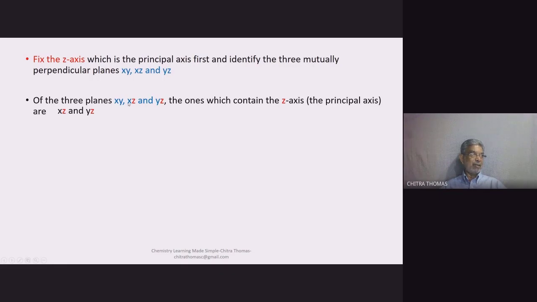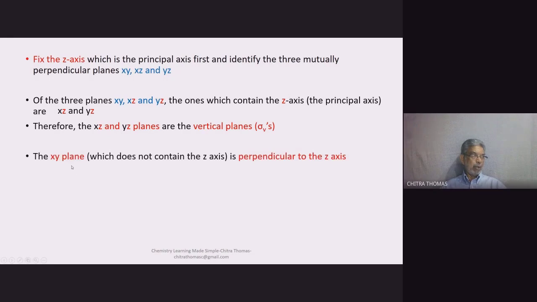XZ and YZ. So the XZ and YZ planes are the vertical planes because these two planes contain the Z axis. The XY plane, which does not contain the Z axis, is perpendicular to the Z axis. So the XY plane is a horizontal plane.